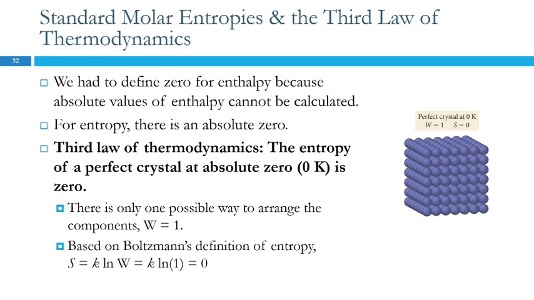We don't know where 0 is, so we just decided. It's like with elevation. Is 0 elevation the exact center of the Earth? That's not very practical. And so we decided to use sea level as 0 elevation. So for entropy, though, there is an absolute 0.